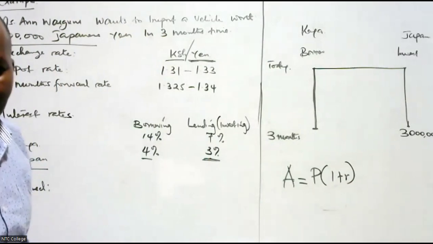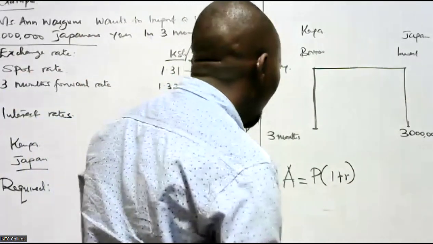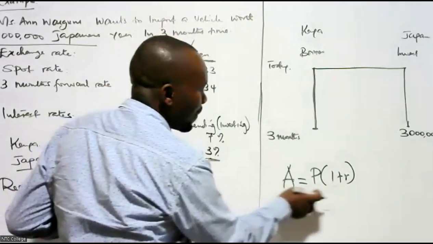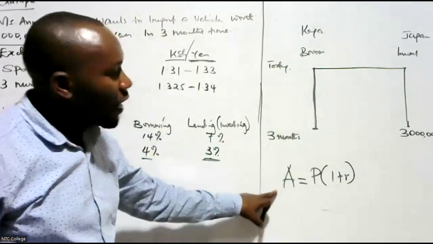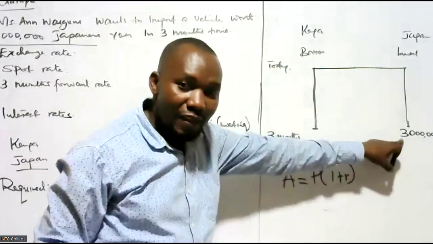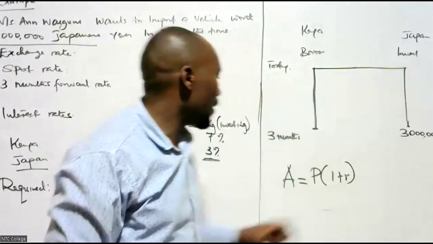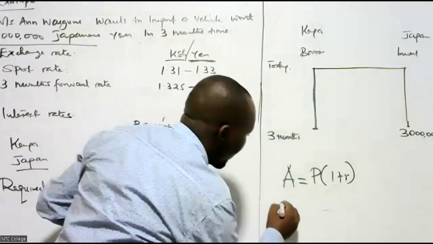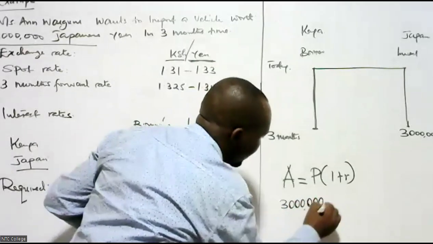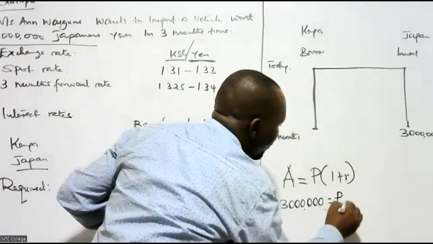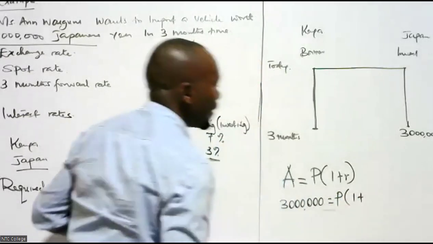Calculate the present value. Yes. Naona sasa tunaendelea vizuri. A is equal to P into 1 plus R, unaelewa vizuri, si ndio? Now you know the amount that you need, that is A, but you don't know the principal that you can invest. You don't know what you should invest here to give you this. So you say 3 million is equal to P that you don't know into 1 plus, what is the rate?